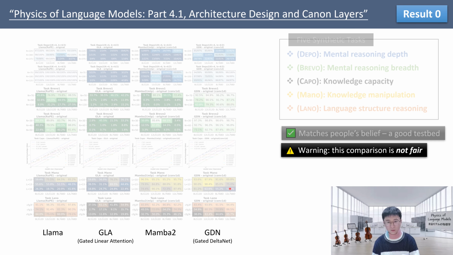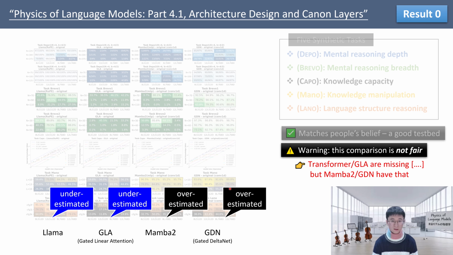But a very crucial warning I want to give you is that this comparison is not fair. In fact, there is a critical architectural component that is missing inside transformer and GLA or linear attention, but is present in Mamba and GDN. That makes this comparison underestimate the performance of transformer or linear attention, but overestimate the performance of Mamba2 and GDN.